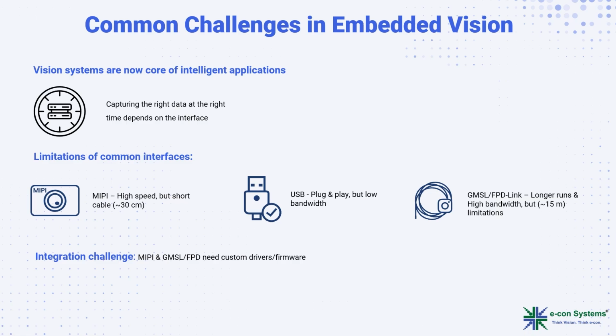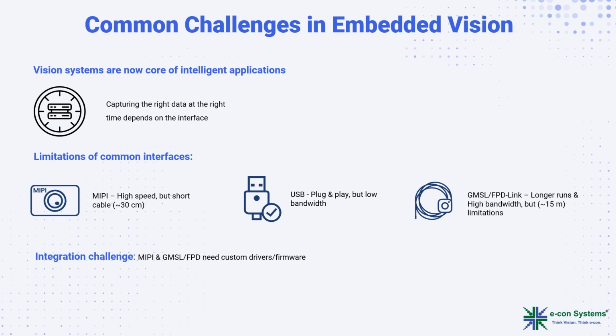Other than that, GMSL and FPD-Link are some of the best interfaces in embedded vision applications. They are able to transfer high bandwidth data and extend the range to 15 meters. But if an application requires data to be transferred more than 15 meters, GMSL and FPD-Link also have limitations here.